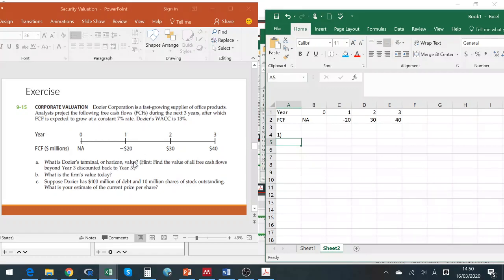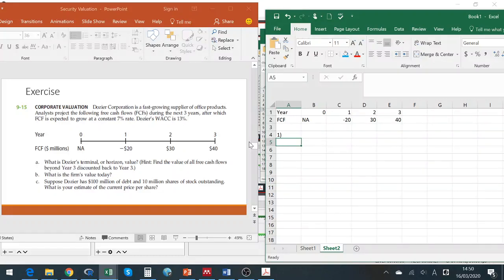The name of this company is Dozier, I think. How do you find out? You already know the free cash flow for the first, second, and third year. But how about the fourth and fifth year? If this company is to exist, then you will have some cash flow, but you don't know how much after this.